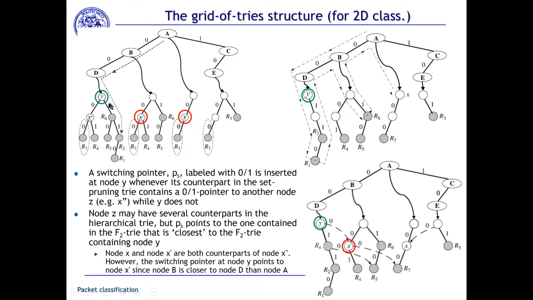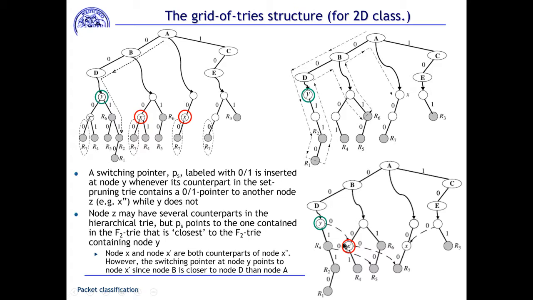Due to the way that we build the original set pruning trie, when we are building the grid of tries, in this case of ambiguity we always have to place the pointer so that we jump from one tree to the next one. If we have this ambiguity, that here we may jump to this tree or to this tree, we always choose the closest tree.